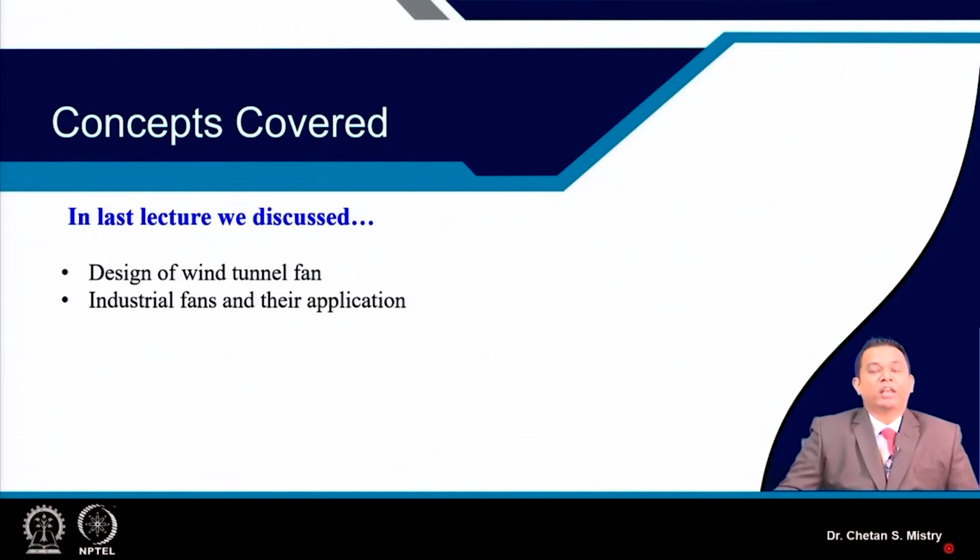Later on we started discussing other applications of industrial fans, and there we discussed how they are rated differently compared to what we have realized up till now for an axial flow compressor or axial flow fan. These fans are rated in a different way.